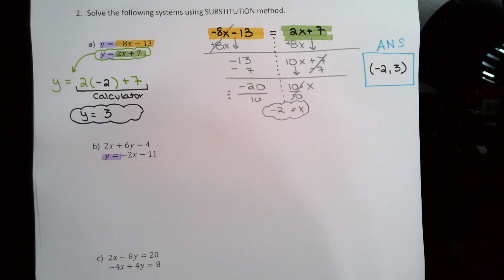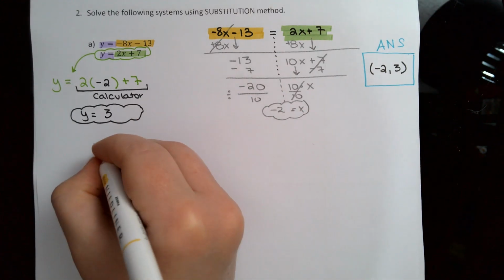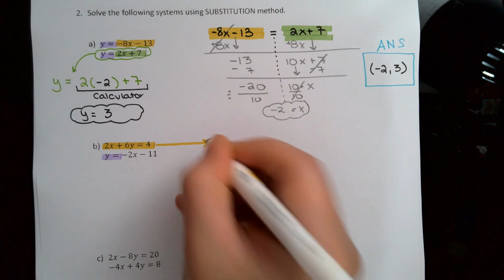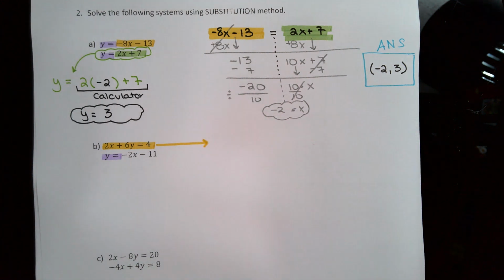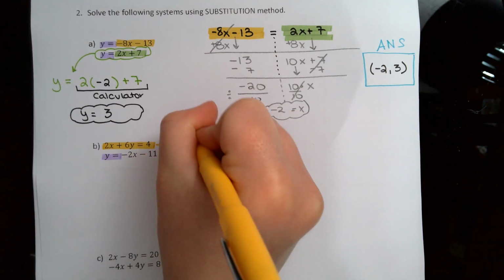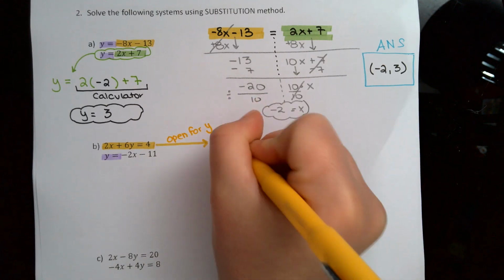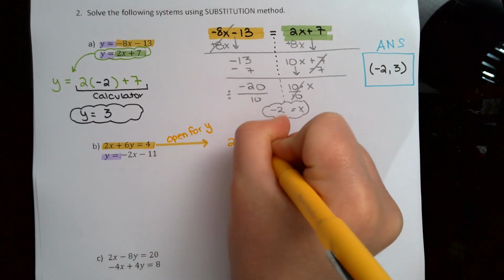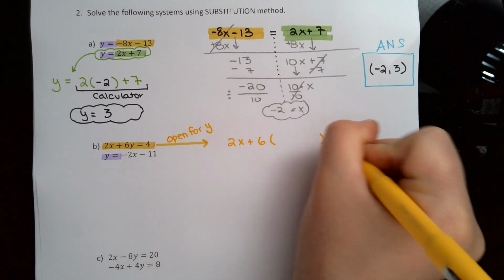When that happens, you're going to pick up your equation, the one that is not y equals, all of it. I'm going to now write it out, opening up for y. So 2x plus 6, big open, equals 4.